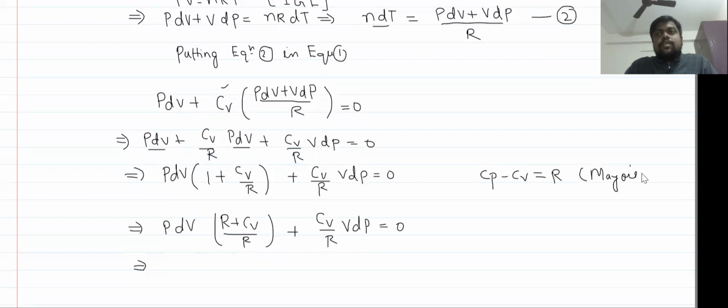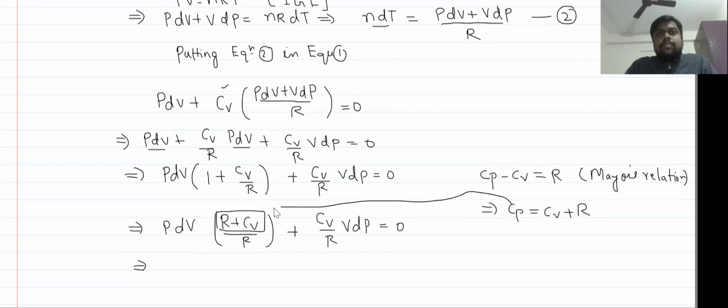We'll be using this Mayer's relation here, and what we will get from here is that Cp will be equal to Cv plus R. That means for Cv plus R we can substitute Cp. So this complete quantity can be substituted as Cp from Mayer's relation. If we substitute here, we'll get PdV Cp by R plus Cv by R VdP equal to 0. Now we can take R common here.